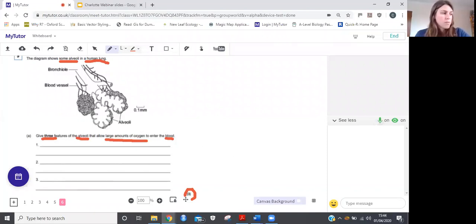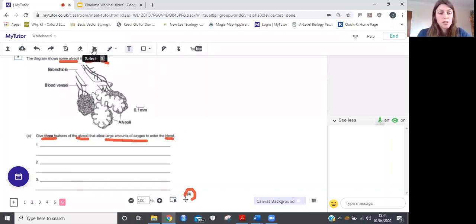Okay, so what did we talk about earlier in the tutorial when we mentioned 3 ways that we increase diffusion in the lung? And diffusion is how we get large amounts of oxygen to enter the blood in the lung. So that is exactly what you need to quote for this question.